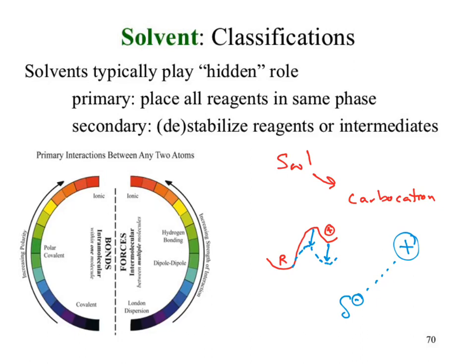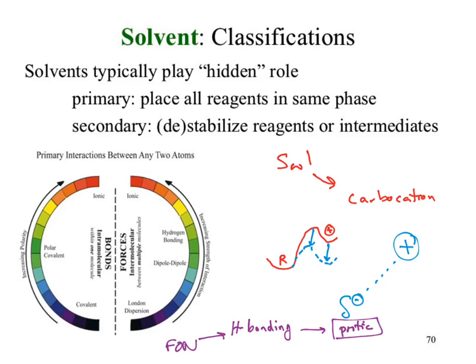So in the case of the SN1, the solvent I want is protic. How do I know it's protic? Hydrogen bonding. Okay? We would have to see those pieces in our structure.